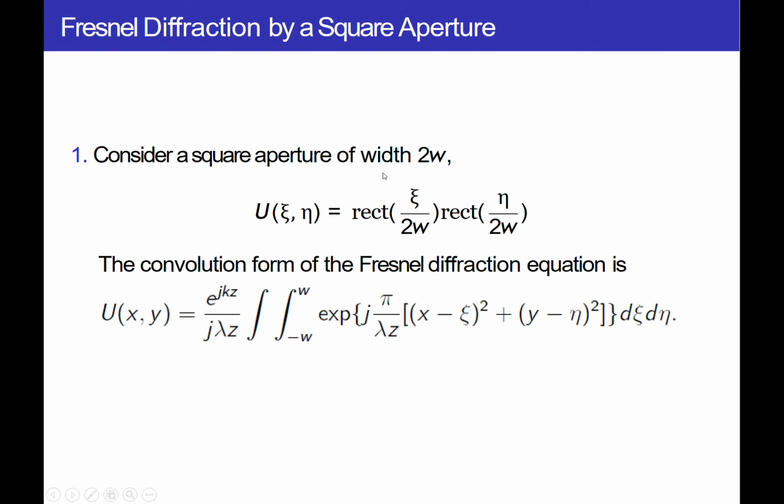The square aperture has a width of 2W, horizontally 2W and vertically 2W, and the convolution form of the Fresnel diffraction is given by this one. For both psi and eta, it's going to be minus W to W, minus W to W, for this quadratic phase term: x minus psi squared and y minus eta squared.